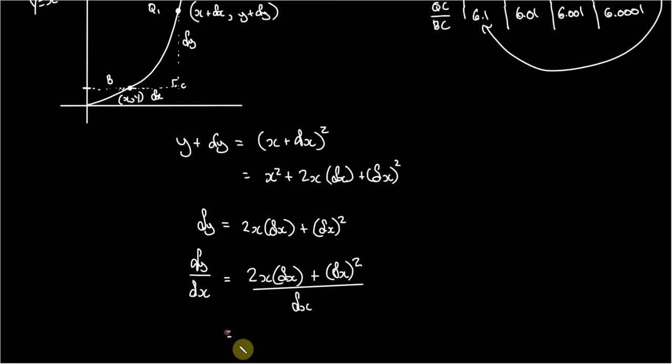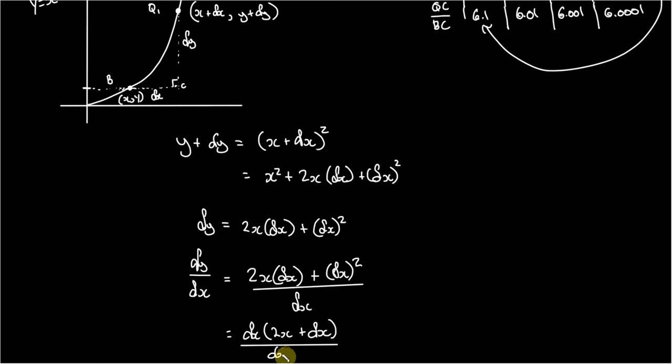So we can just write this. I'll just write equals. Well, what happens when we factor out a delta x? We get delta x times 2x plus delta x, and all of that is still over delta x.